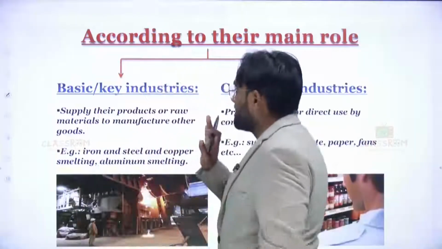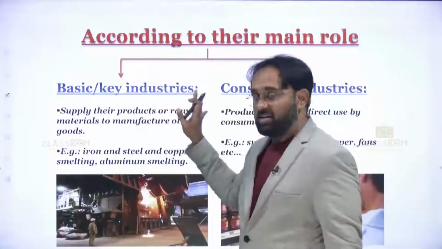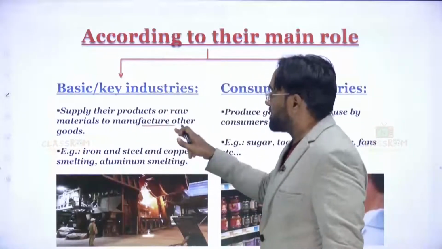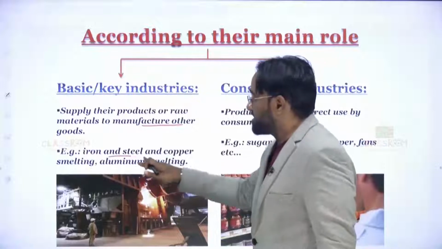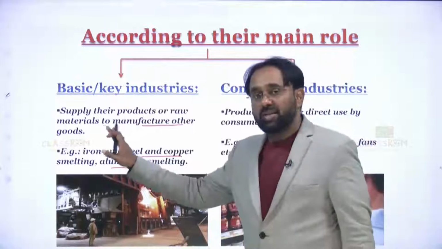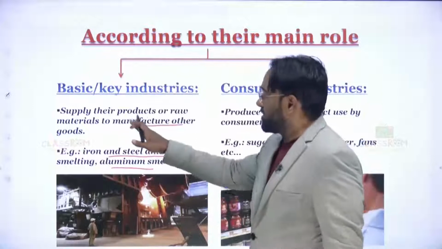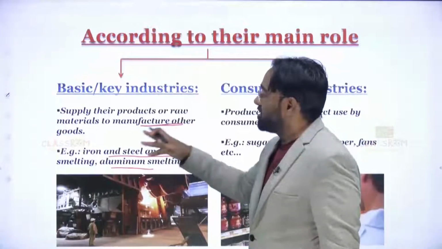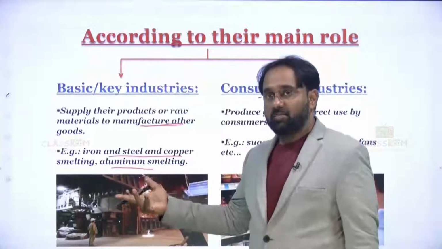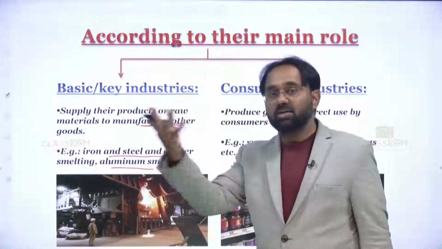According to their main role, basic or key industries supply their products or raw materials to manufacture other goods. Example: iron and steel, copper smelting, aluminium smelting. They supply raw materials for other sectors. Iron and steel is supplied to the automobile industry, where you see all these vehicles on the roads.